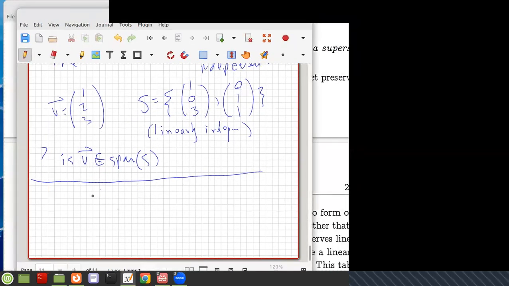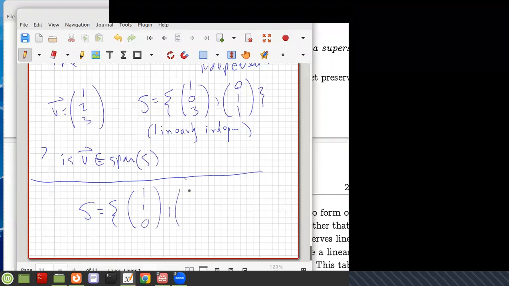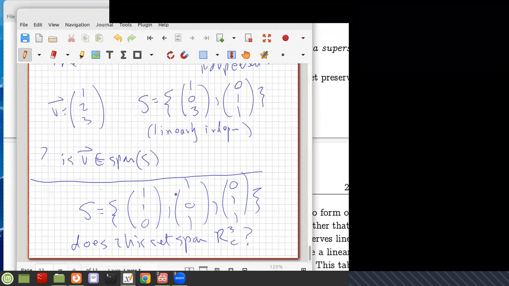Let's say we had this set here, and we checked that it was linearly independent. But a separate question is, does this set span R3C? In other words, we checked it's linearly independent, but does it span this space?